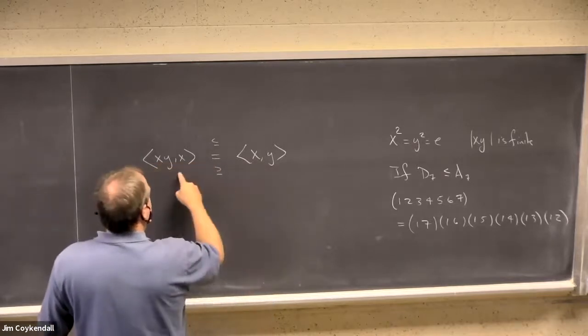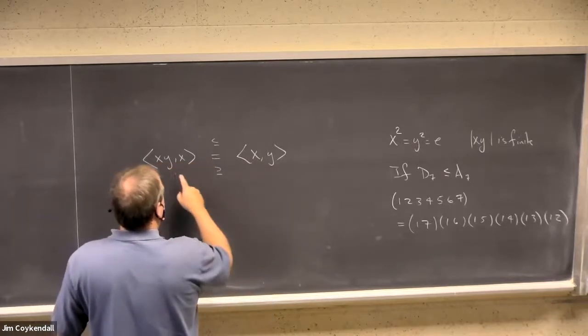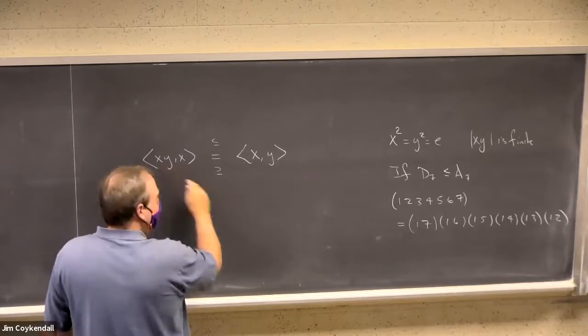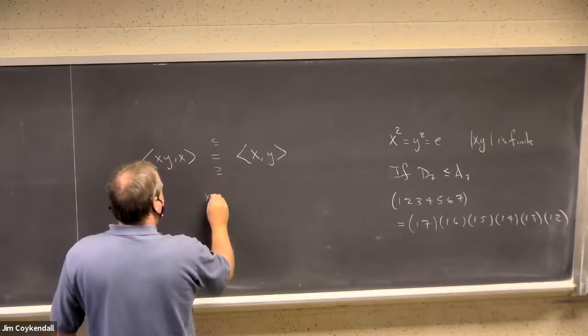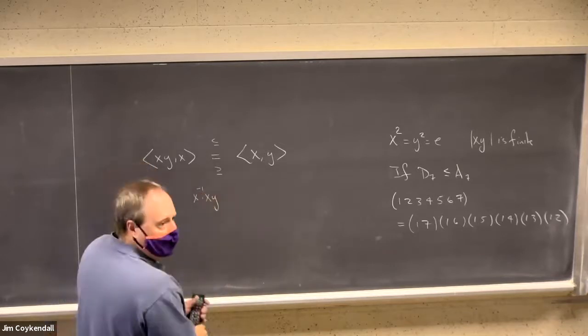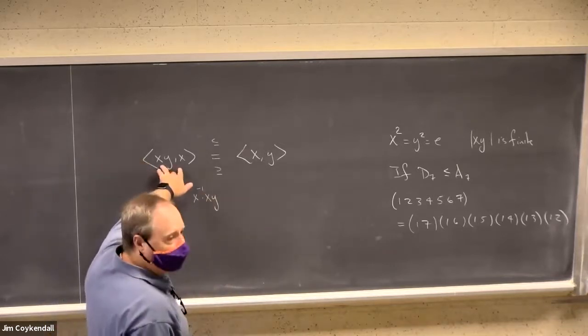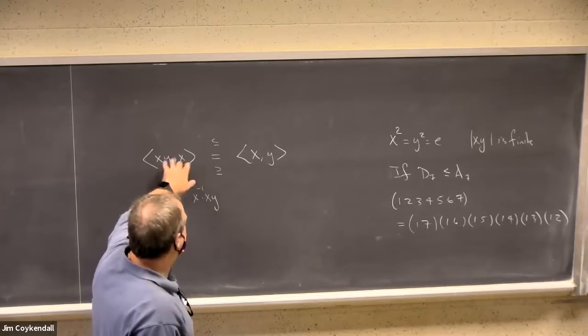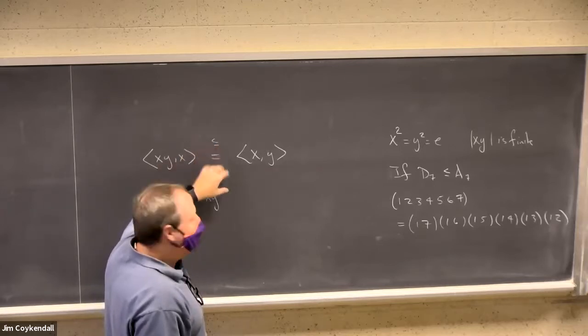The reason you get the other containment is because you need to make sure you can generate an X here, but you can because you can write X as XY times X, because the group generated by two things includes the inverses as well. So you get an equality here.